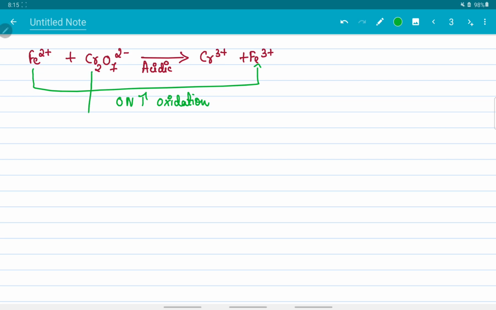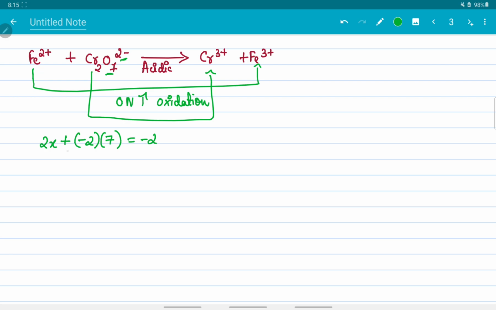Now if you check for chromium, we have to find the oxidation number on chromium. For that we take chromium as x, and since there are 2 chromiums we take it as 2x, and then there are 7 oxygens, each with oxidation number -2, so we add -2 into 7, and that will be equal to -2, the charge on the whole compound.